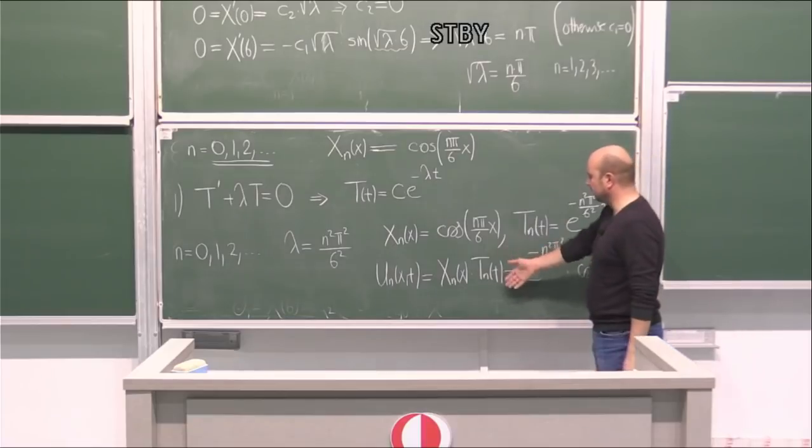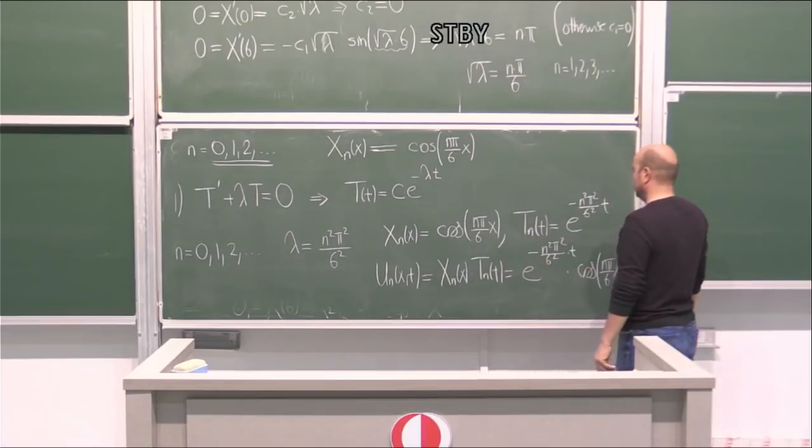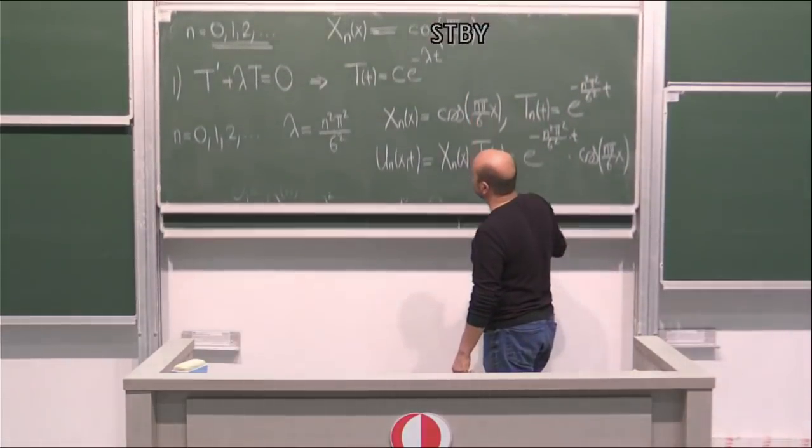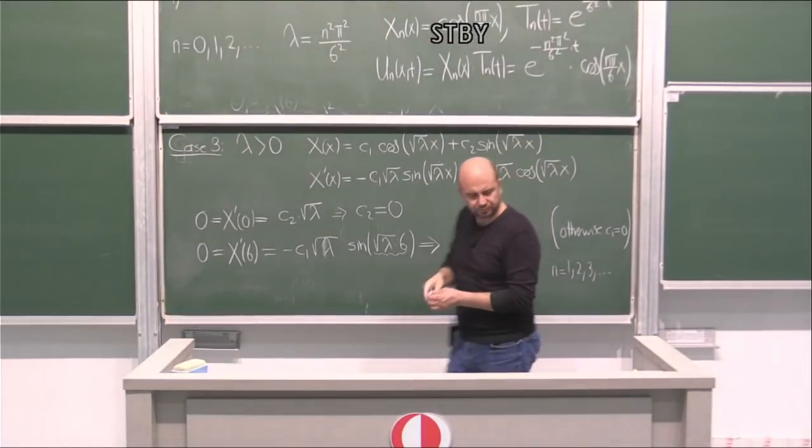So now each of them is a solution. Since we have a homogeneous equation, their summation is a solution. So we get the following solution.